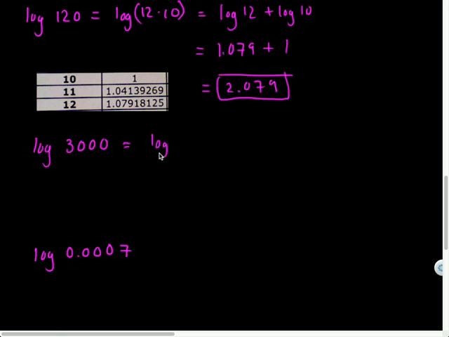So the top one is log of 3 times 1,000. So that's just log 3 plus log of 1,000, right? Which I could think of as 10 to the third.